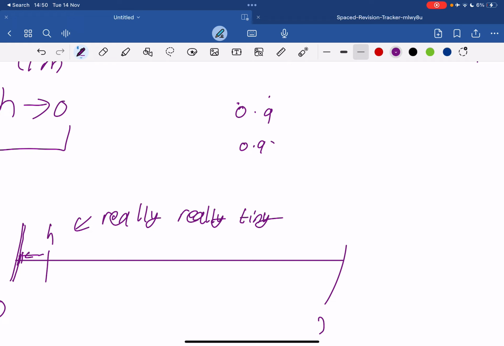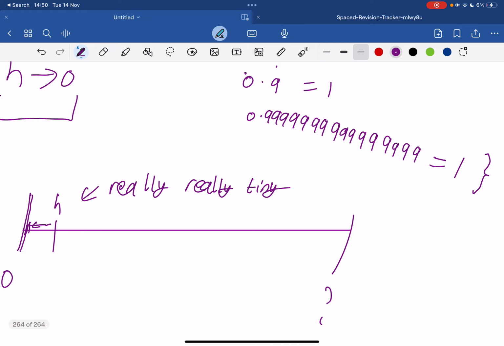That's 0.999999999. As we keep writing more and more 9s, eventually we'll write so many 9s that it'll equal 1. And you might be thinking, that doesn't make sense. 0.9 recurring is not the same thing as 1. But it is. And this is the beauty of limits.